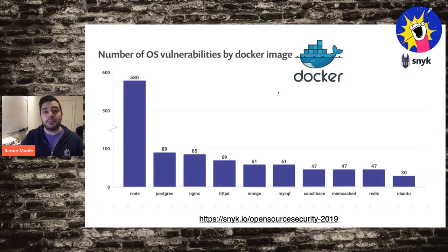And while some are going to affect you and some aren't, the majority of them are maybe in pieces of the OS that you're either not using or don't need to have for the success of your application to actually run on it. So choosing your base image carefully, and we'll look at this in a little bit more depth later, is very key.